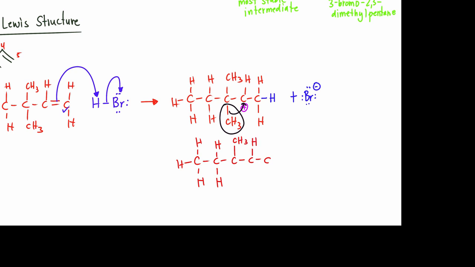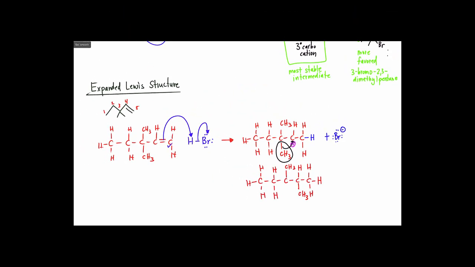Now this CH3 is on this carbon, and we still have the 3 hydrogens here. Notice again, I've lost my octet. I have a valence of 4, but I only have 3 electrons, so 4 minus 3 gives us a plus charge.